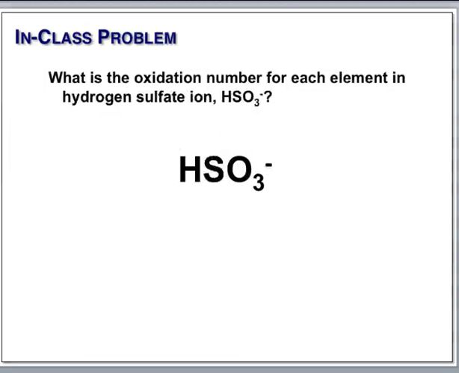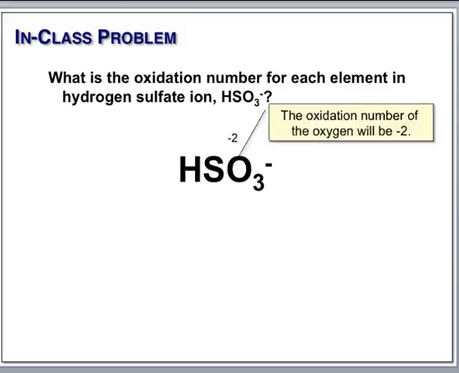Hydrogen sulfite. Well, our oxygens here are going to be -2, aren't they? Our hydrogen is going to be bonded to a nonmetal.